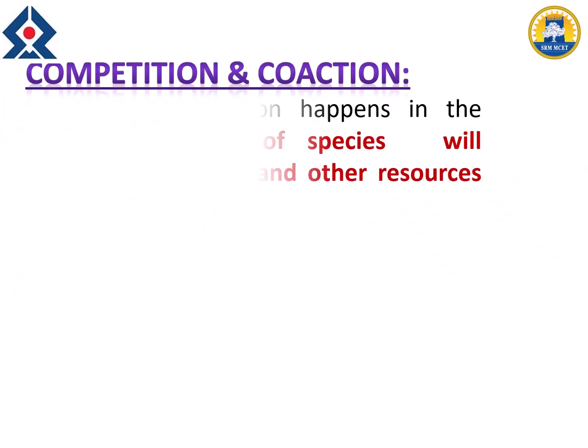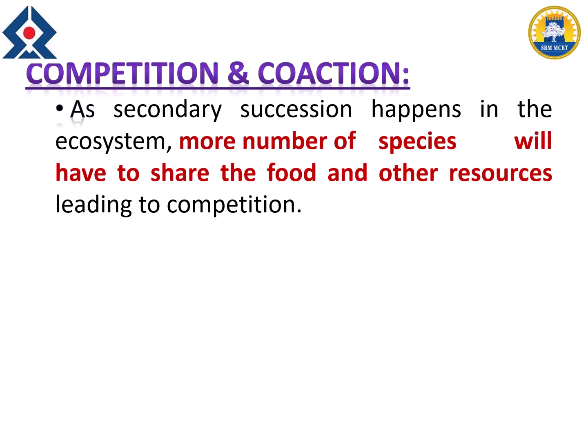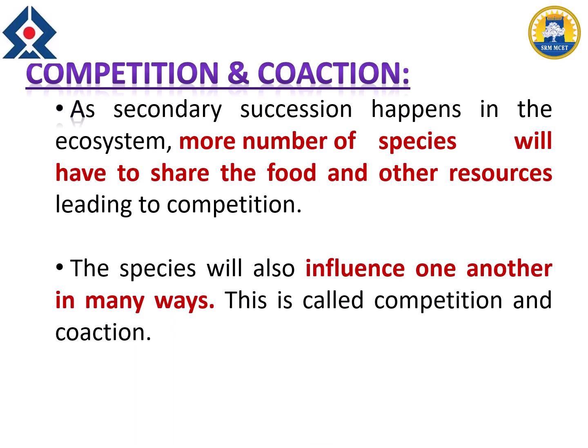So next one, competition and coaction. You can remember that once the pioneer community increases, and as I mentioned in the previous slides, it becomes a greener area and will attract herbivores, carnivores and so on. Once its population increases, definitely there is a chance for competition for water, space, food, nutrition and other things.